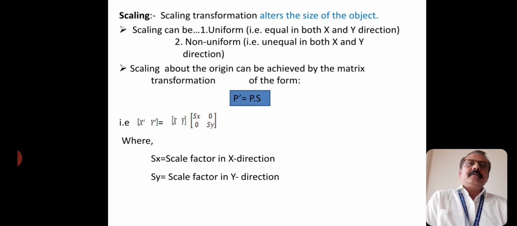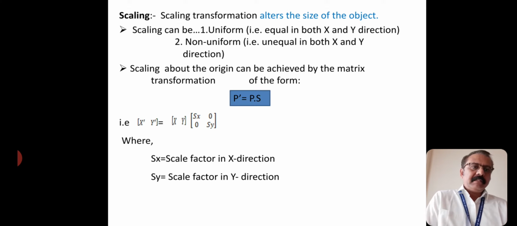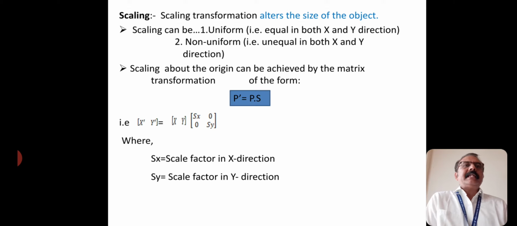Now the third transformation is scaling transformation. What is scaling? Scaling transformation alters the size of the object. It may either increase the size of the object or reduce the size of the object. Scaling transformation can be uniform or non-uniform.